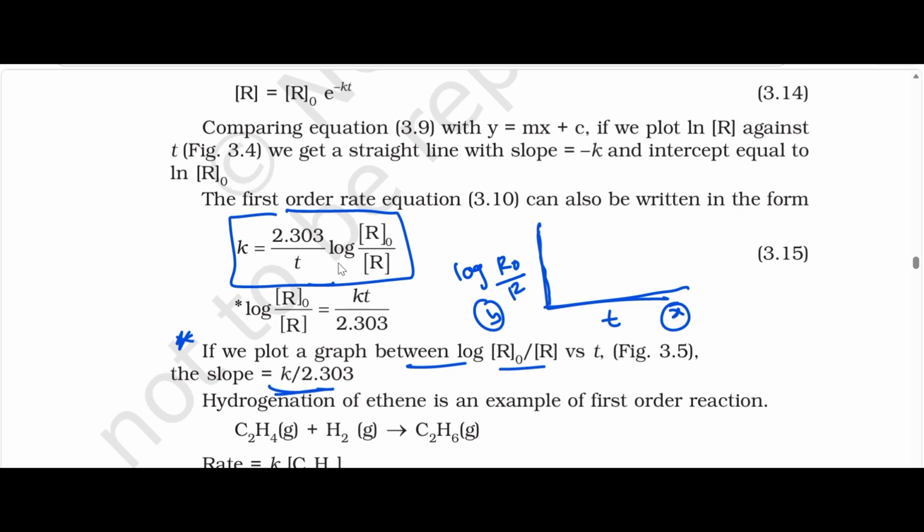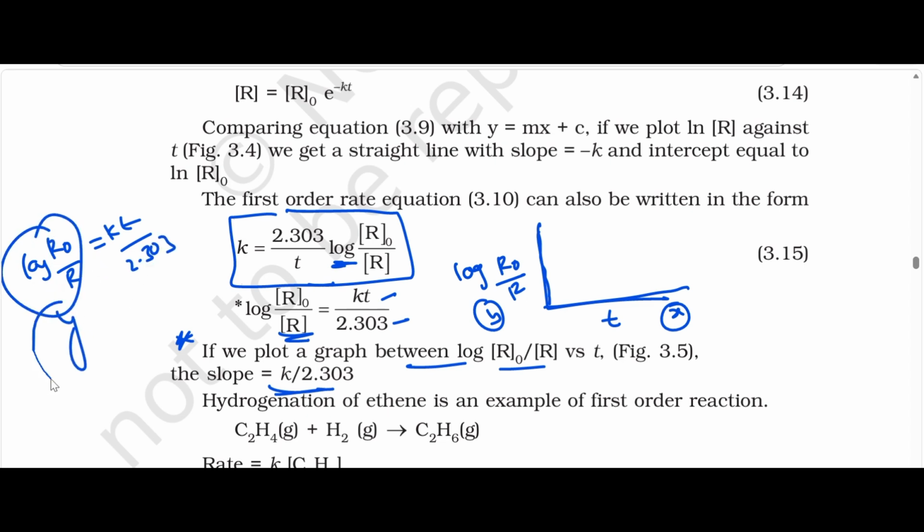From this, separating log r naught by r, we get kt by 2.303. So log r naught by r equals kt by 2.303. This I am assuming as y, and t is taken as the x-axis. Comparing the graph with y equals mx, the slope m will be k by 2.303.